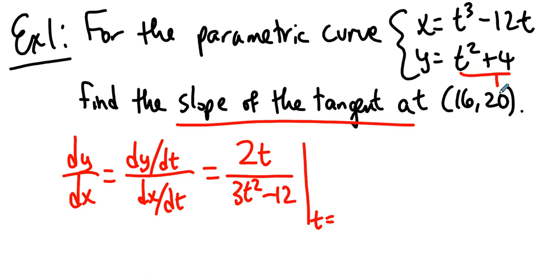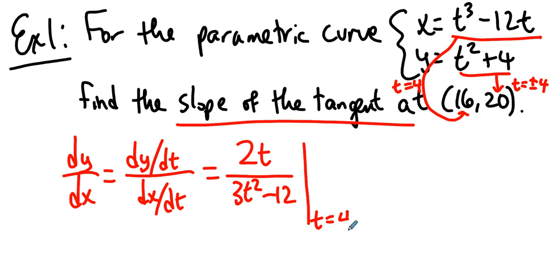If t squared plus 4 is 20, then t is either 4 or negative 4. But if t cubed minus 12t is going to be 16, well, that means that t has to be 4.